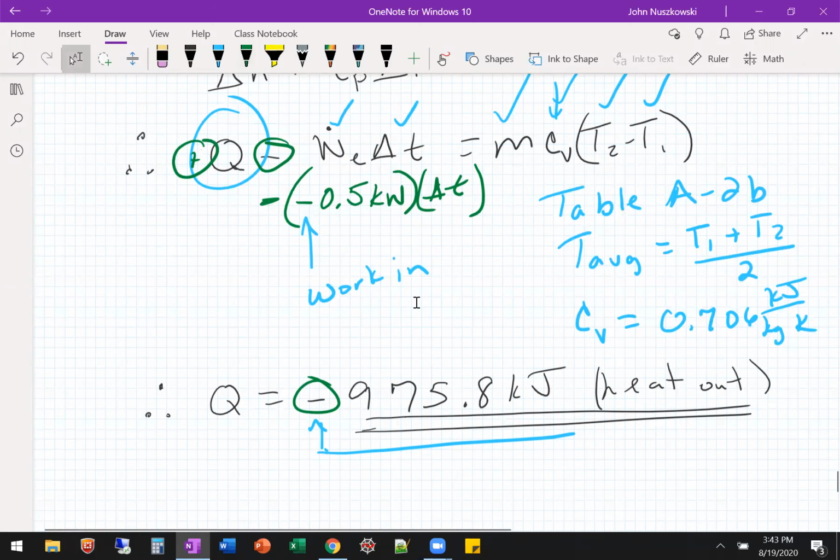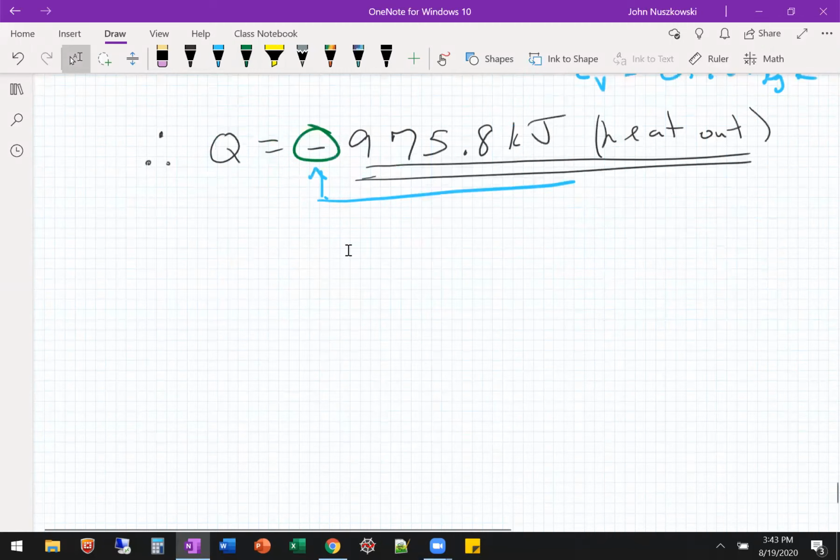Okay, so now the last part is S gen. We need to figure out S gen.